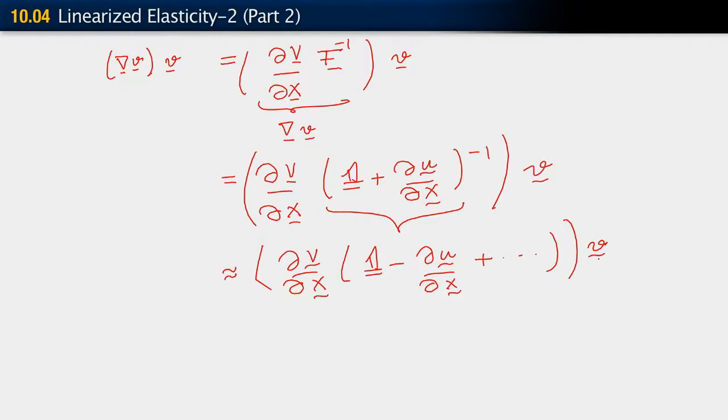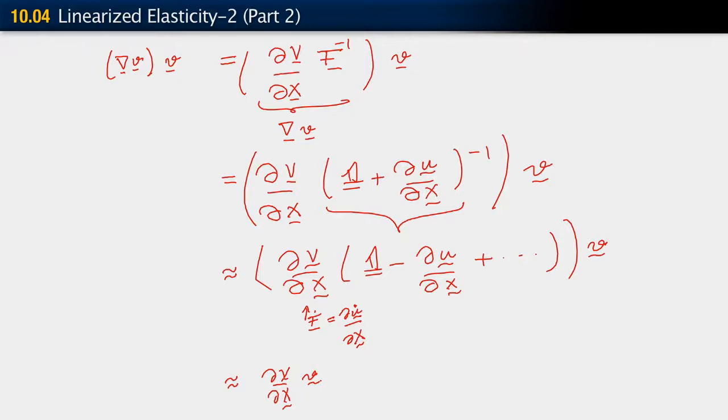Once again, invoking our requirement, we know that this term here is essentially f dot, which is the partial of u dot with respect to x. So in order to maintain only the first order terms, we should have just the partial of v with respect to x acting on v.